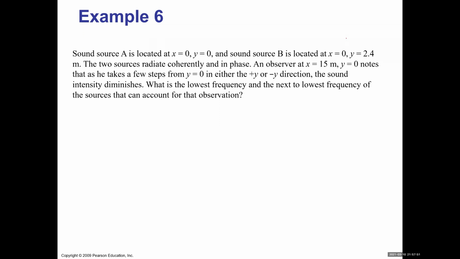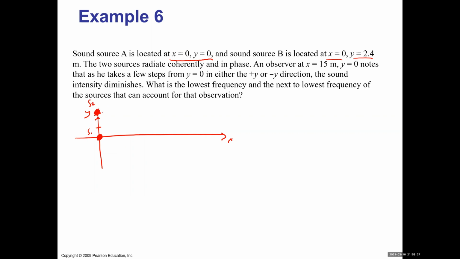We can start with doing a diagram. So here's my diagram. The y-axis, x-axis. And what I have here is x equals 0, y equals 0. That's one speaker, one source. Let's call this source 1. X equals 0, y equals 2.4, let's say somewhere over here is the second one, source 2.